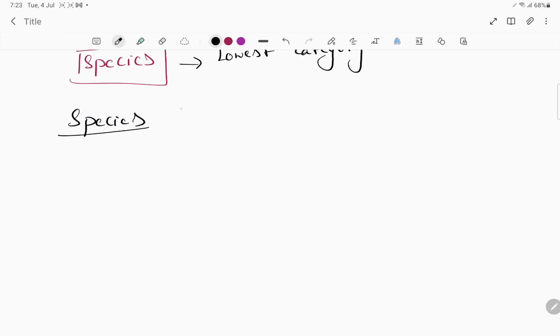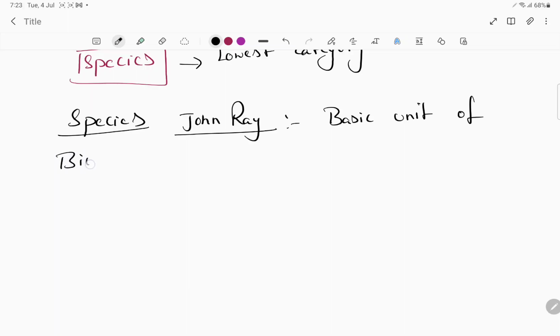The term species was given by John Ray. So species is the basic unit of biological classification and the lowest taxonomical category.